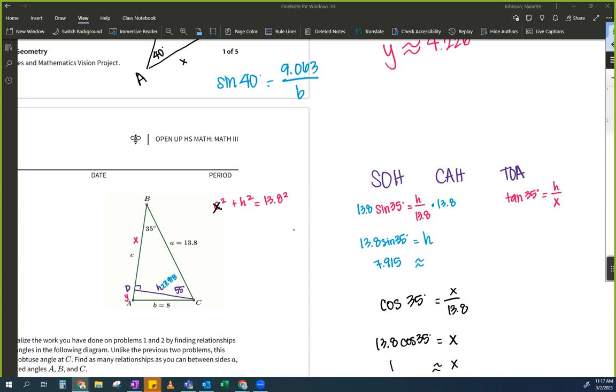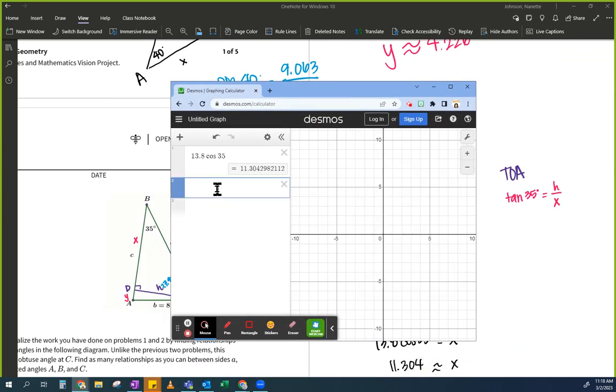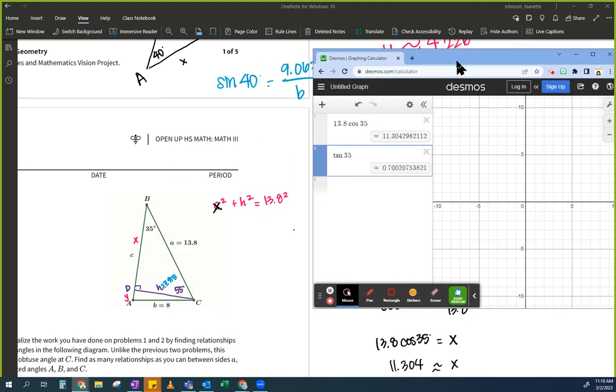So what I will do, I will use TOA and Pythagorean theorem to check my answers to make sure everybody makes sense, right? So I'm going to use tangent really quick. I'm going to say tangent of 35. And then according to this, oops, I never wrote you in there. So 11.304, right?